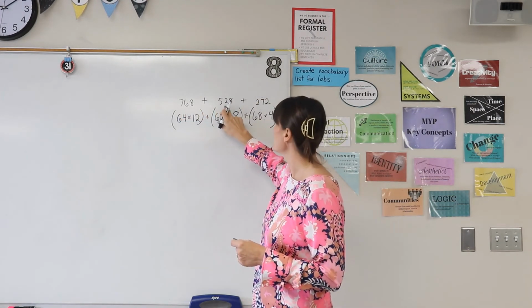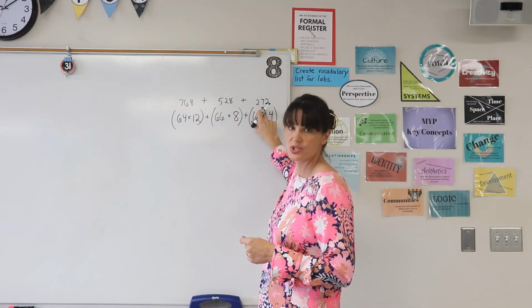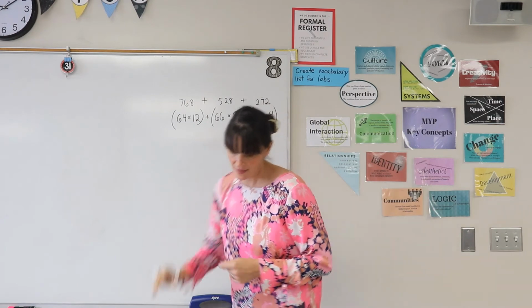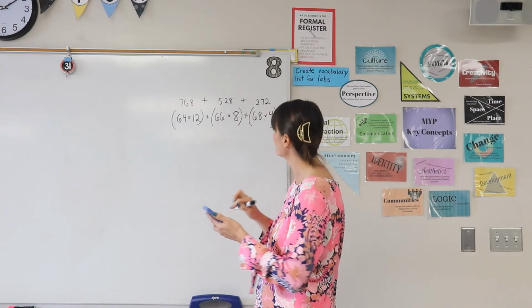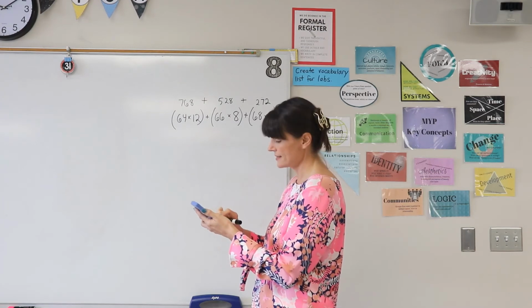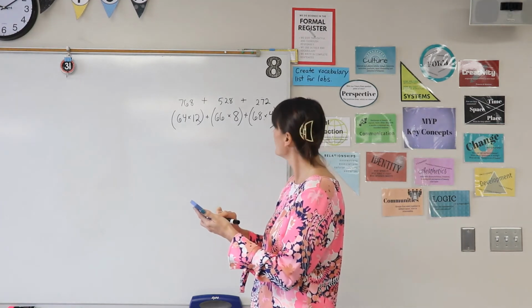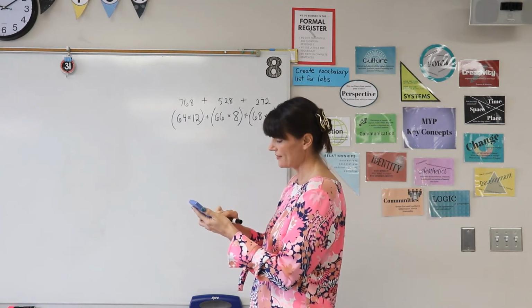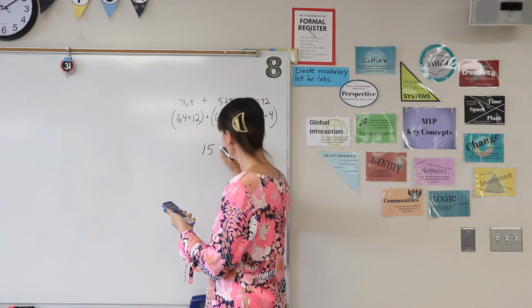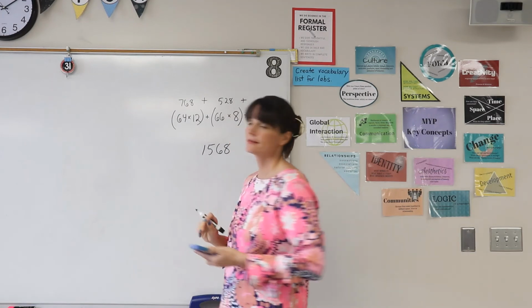Now we're going to add all of these up: 768 plus 528 plus 272. And that's going to give us 1,568.